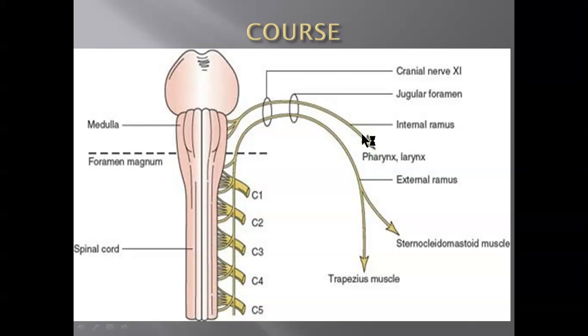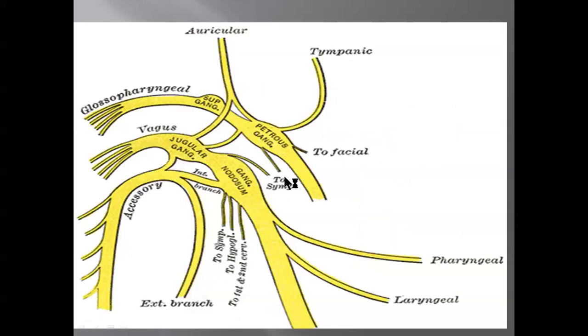The internal branch further will give laryngeal branches and pharyngeal branches, which will go to different areas of your pharynx, larynx, and soft palate. Whereas this external branch is external because it's innervating the sternocleidomastoid and trapezius muscles. So this is all about the internal ramus and the external ramus.